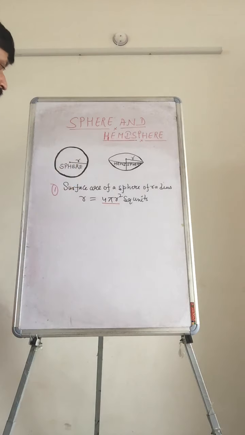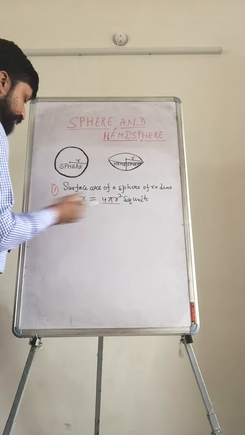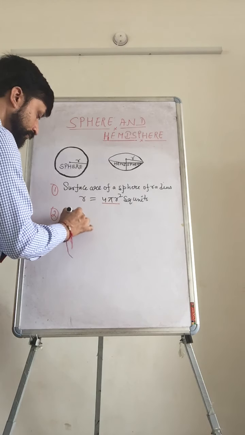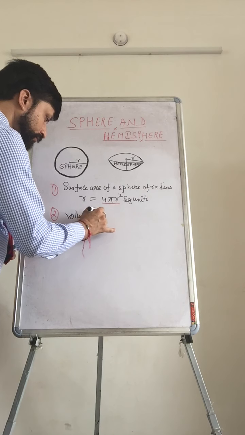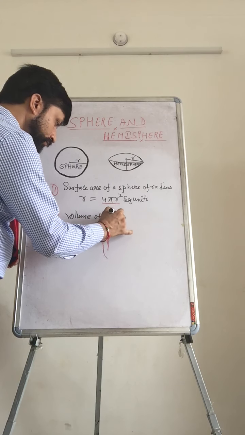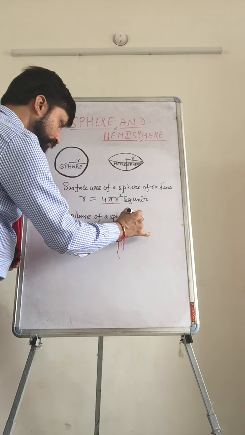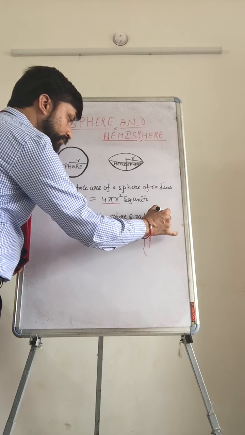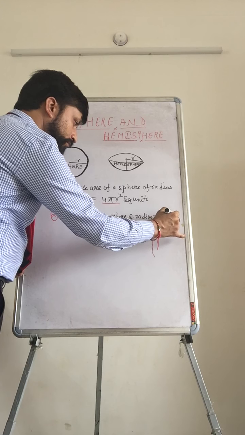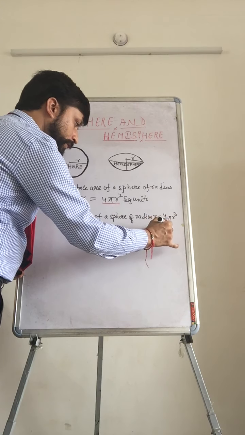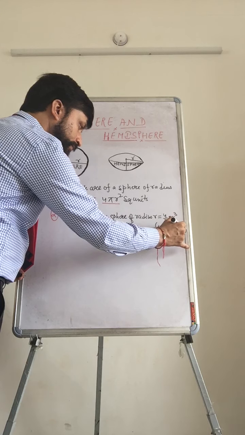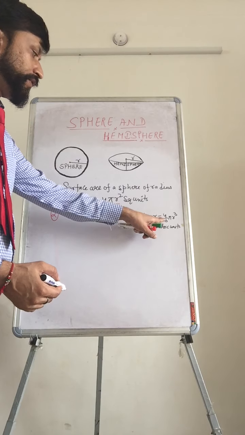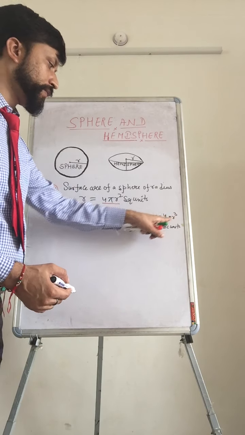Second, volume. Volume of a sphere formula: to find the volume of a sphere, if the sphere radius is r, then we use this formula, 4 by 3 pi r cube, cubic units.